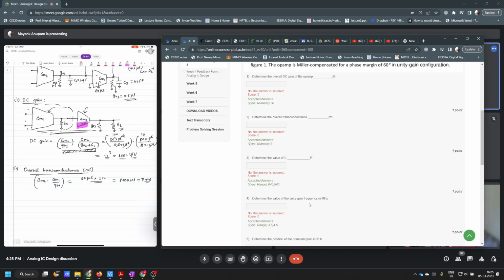Now, what is the current that it will be pushing out? The current that will flow out of this block will depend upon the voltage appearing here, right? So it is basically GM2 times whatever voltage we have here. Let's call it V1, right?